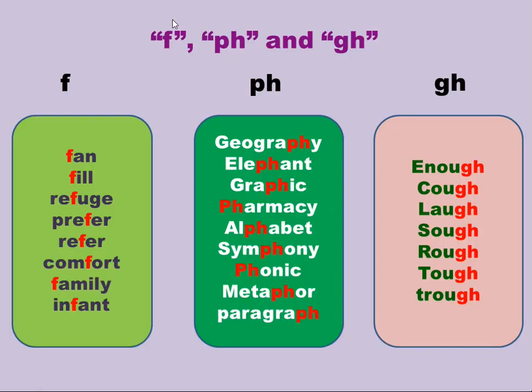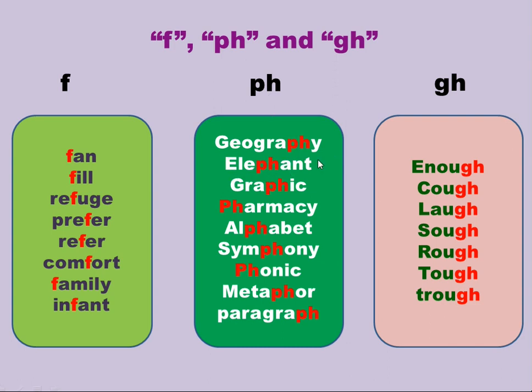F, fur, and this also gives the fur sound. Here, fan, fill, refuge, prefer, refer, comfort, family, infant. Letter F gives the fur sound, and letters PH also, P and H also give the fur sound.